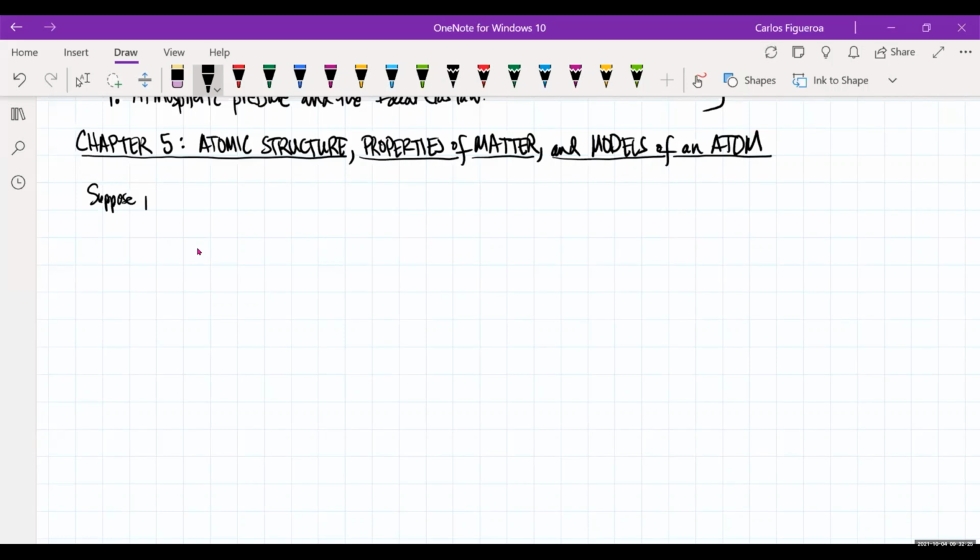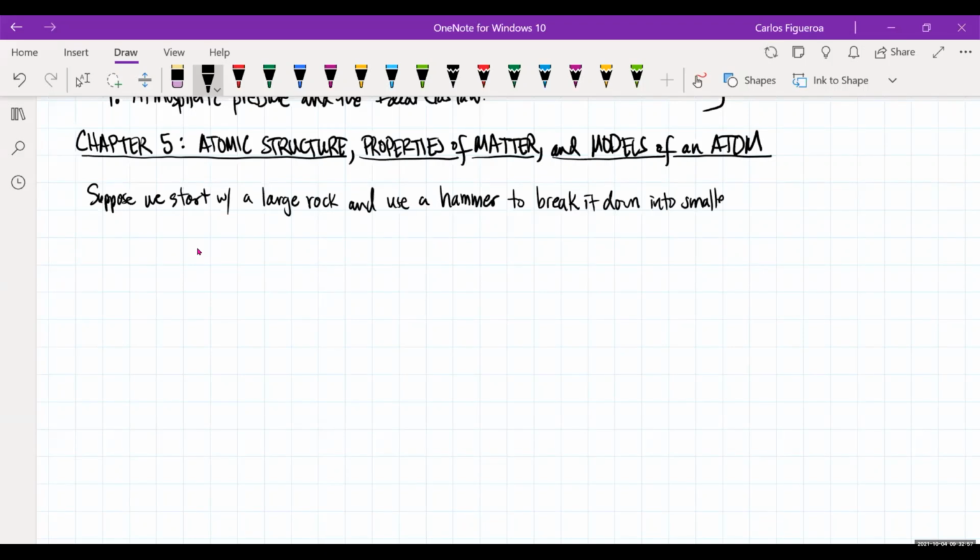So suppose we start with a large rock and use a hammer, a sledgehammer, to break it down into smaller and smaller pieces.